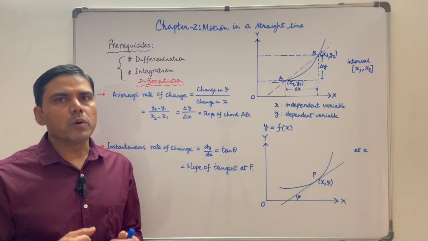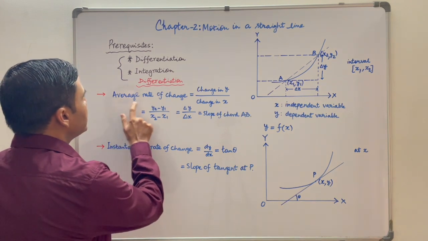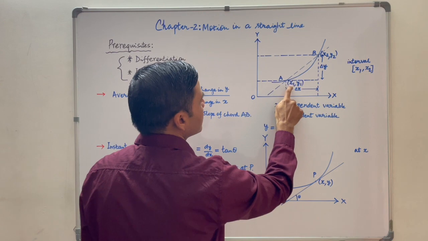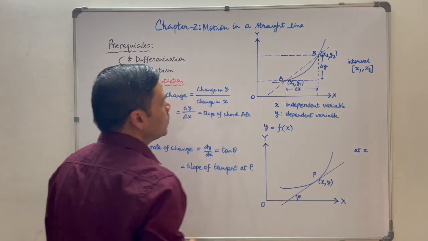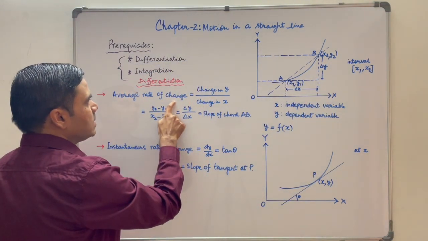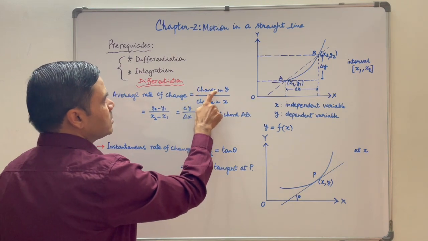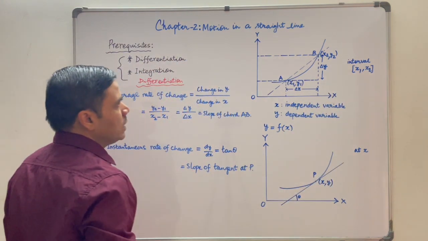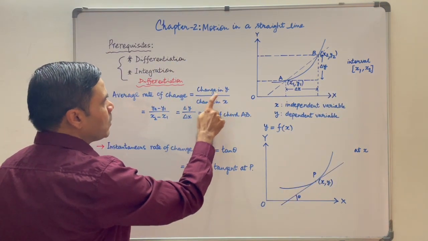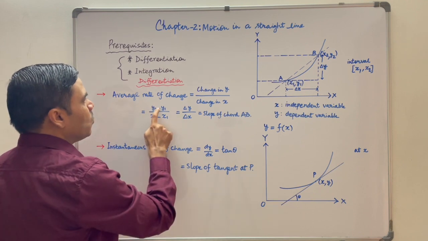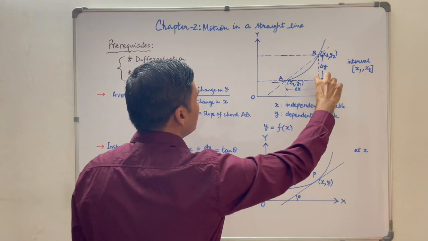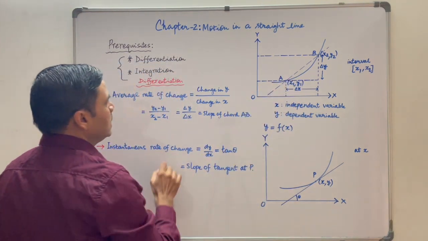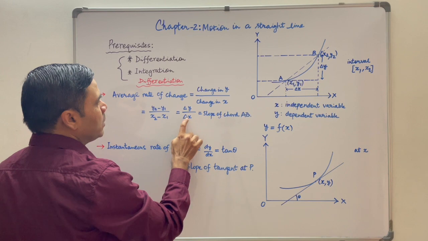Now let us see two important terms. First one is average rate of change. Consider 2 points A and B whose coordinates are (x1, y1) and (x2, y2). Average rate of change is defined as the average rate of change in y with respect to x in the interval x1 to x2, and it is given as change in y upon change in x, that is (y2 minus y1) upon (x2 minus x1), and that is equal to delta y upon delta x.